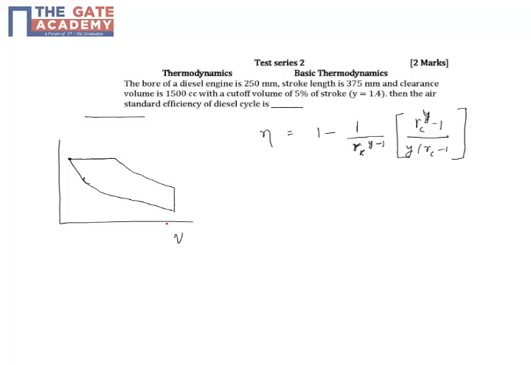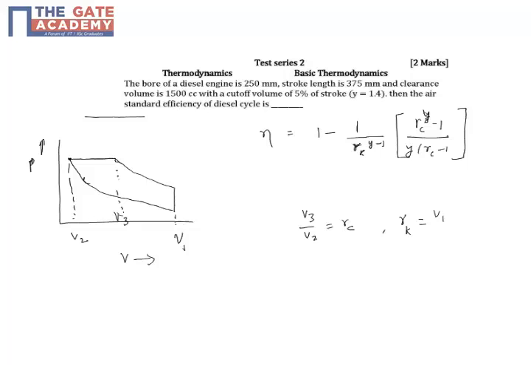So this is volume V1, and this is the clearance volume V2, this axis is P and this is V, and this is another volume called V3, where the fuel is cut off. So V3 by V2 is called the cutoff ratio Rc. Compression ratio is the total volume in the cylinder by the minimum volume in the cylinder.